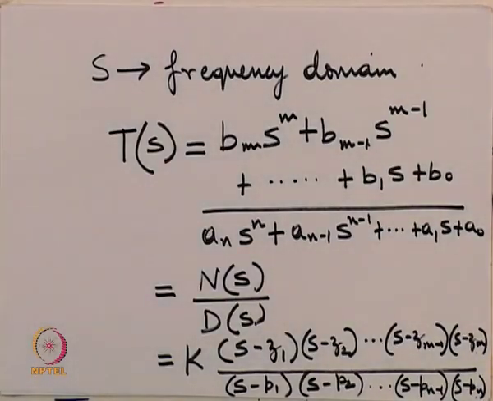So you see here we have written the same transfer function in a factorial form. So this S minus Z1, S minus Z2 and so on, these are the factors of the numerator, and S minus P1, S minus P2, these are the factors of the denominator.